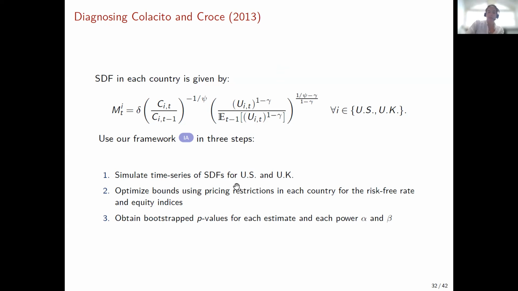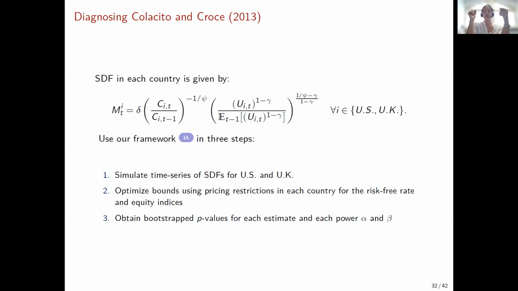In the paper, Max and Rick assume that agents can trade the risk-free bond in the US and the UK, and they can trade the equity in the US and the UK. Okay, so it's a fully integrated market where everyone can trade all the assets that are available. So we just download the time series of returns and we optimize the bounds that I have just showed you using this return data.